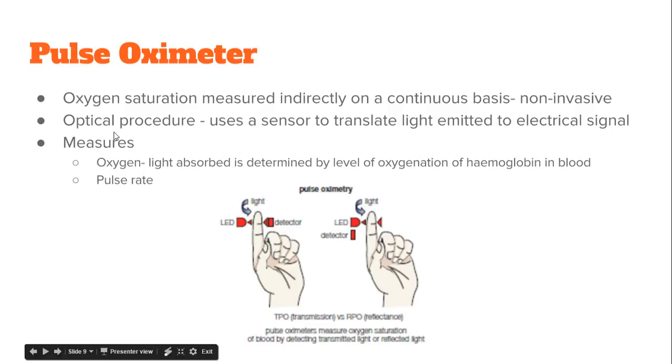It's an optical procedure, which means it uses a sensor to translate light into an electrical signal. It does that by seeing how much light is absorbed, and the amount of light that is absorbed determines how much oxygenation is inside the blood and how much is attached to that hemoglobin. But the good thing about the pulse oximeter is it measures the pulse as well as the oxygen levels in your blood.